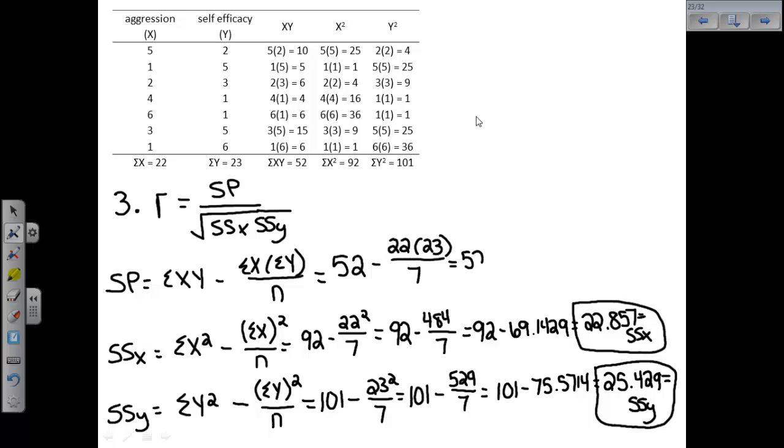This becomes 52 minus, well, 22 times 23 gives you 506. 506 divided by 7 gives you 72.2857. And you end up with a final value for sum of products of negative 20.286.